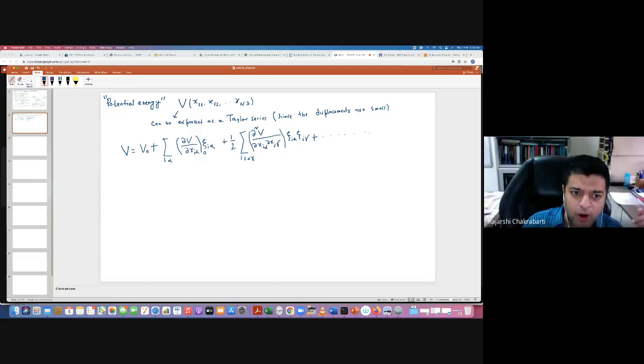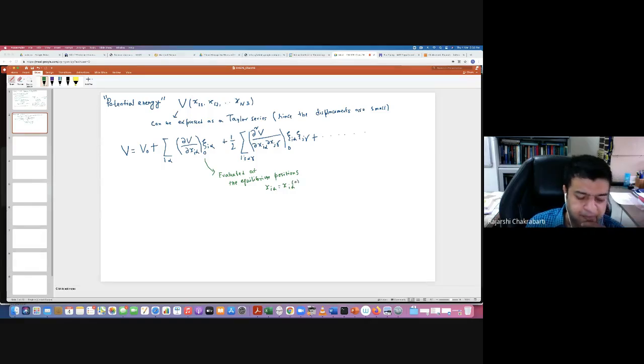All these are evaluated at the equilibrium position, so that your x i alpha is actually x i alpha 0.